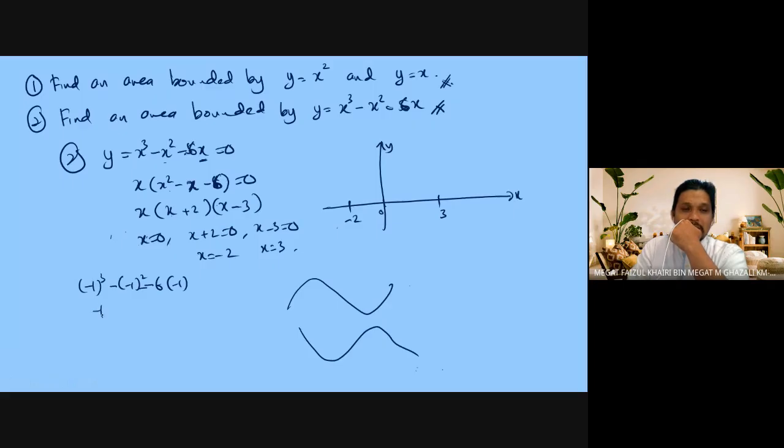Negative 1 cubed is negative 1. Negative 1 squared is 1, minus negative 1. And 6 times negative 1, negative 6 times negative 1 equals positive 6. So 6 minus 2 equals 4. x equals negative 1, y equals 4, above here. So again, the graph is something like this. There you go.